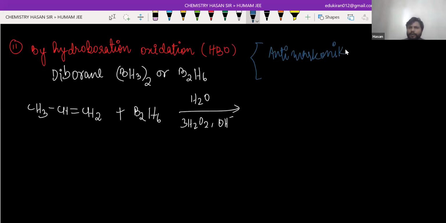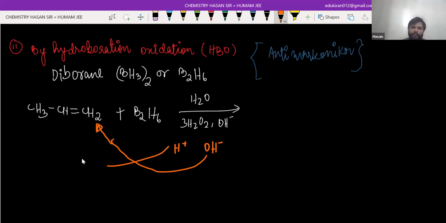Since we have water, it has two parts, H plus and OH minus. According to anti-Markovnikov, the negative part will go to that carbon which has greater number of hydrogen, and positive to that carbon which has lesser number of hydrogen, and it becomes CH3, CH2, CH2OH.